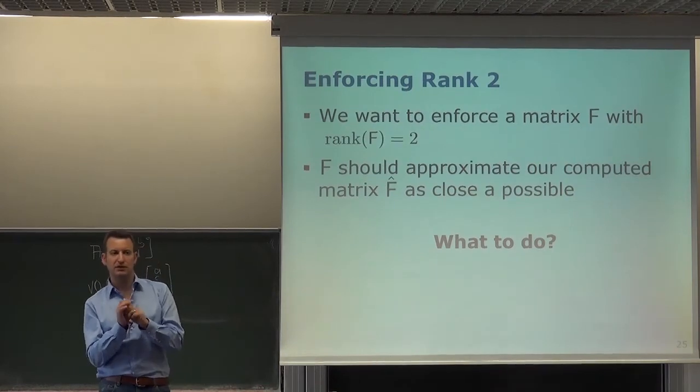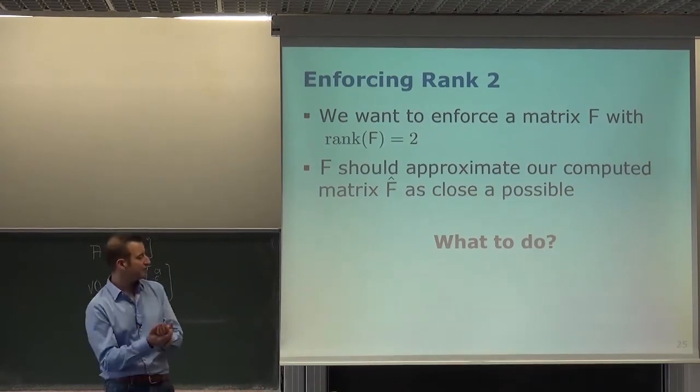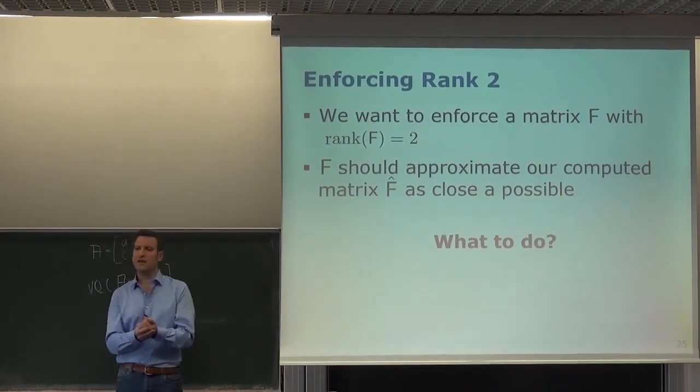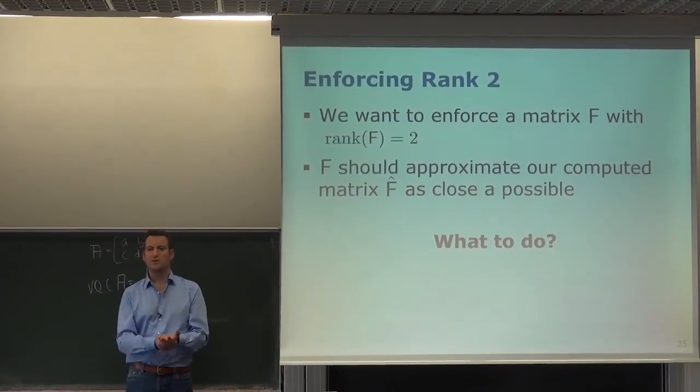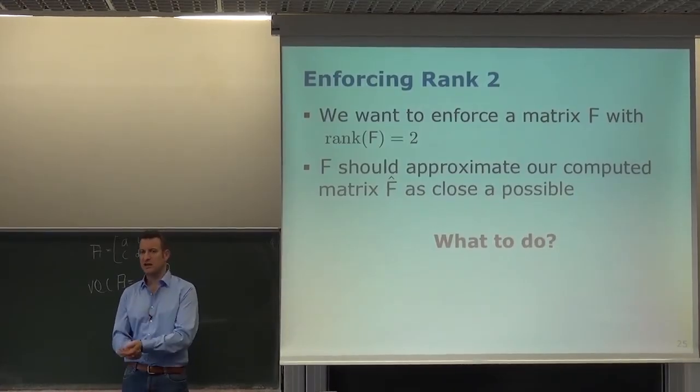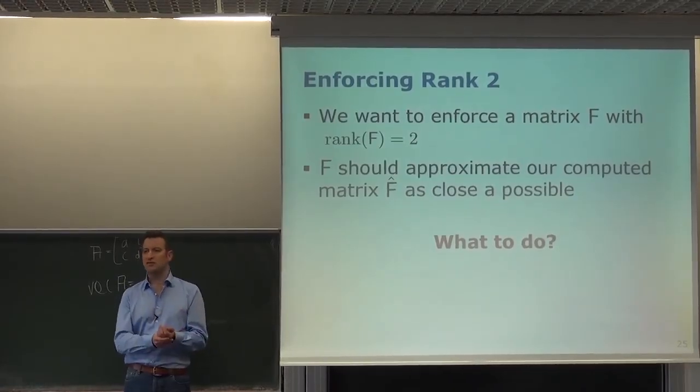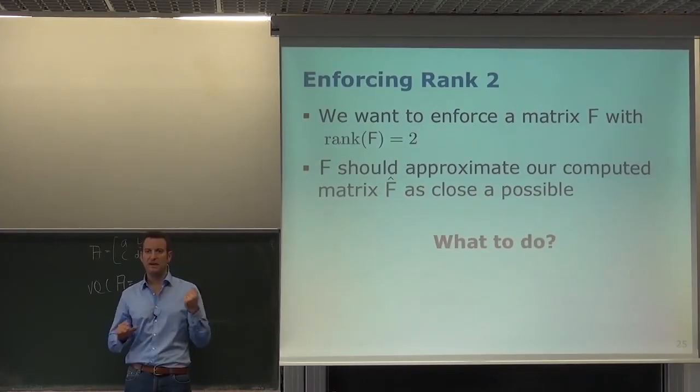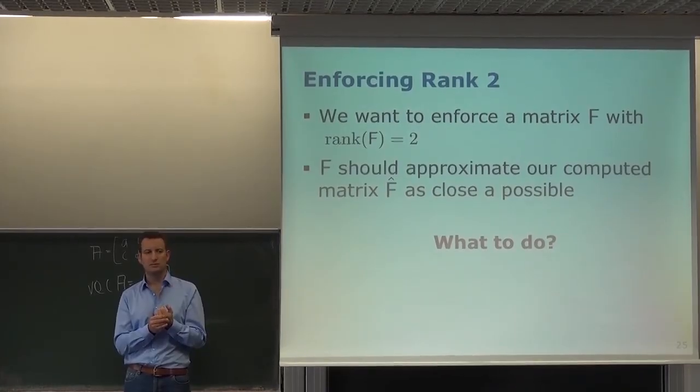So the idea is I have a matrix F which doesn't have rank 2. I want to turn it into a matrix which is as similar as possible to F, but has rank 2. What I can do is inspect the singular values, take the smallest one, and set it to 0.